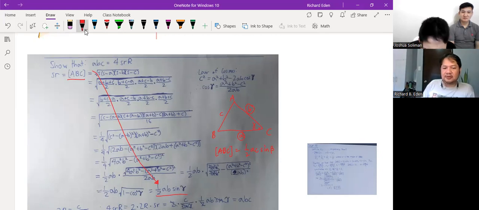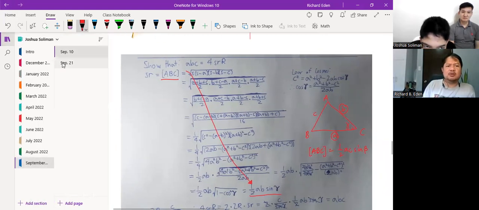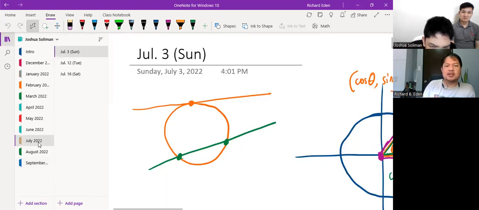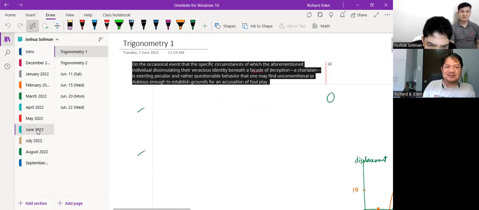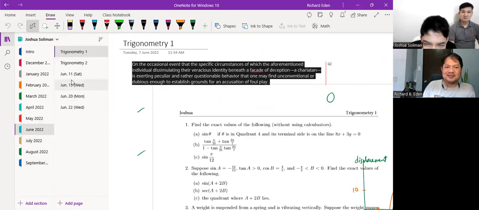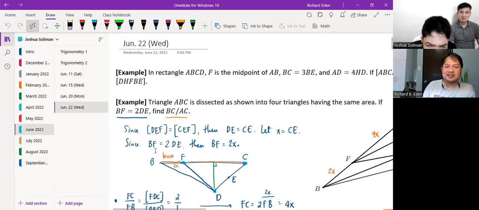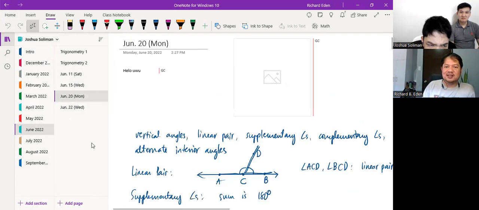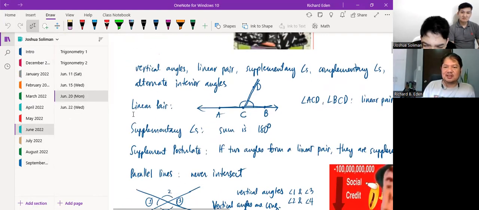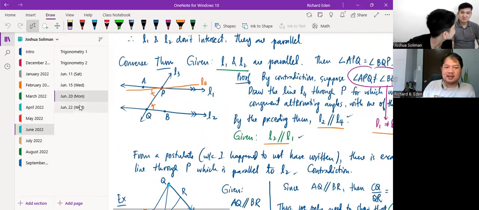Paano ba nung argument dito? Why is it? I feel like, when we're talking about, okay, this is zoomed in way too much. Okay, let's go back to trigonometry. Actually, it was after the pre-calculus discussion. So geometry, I think there was a time that we were talking about areas.